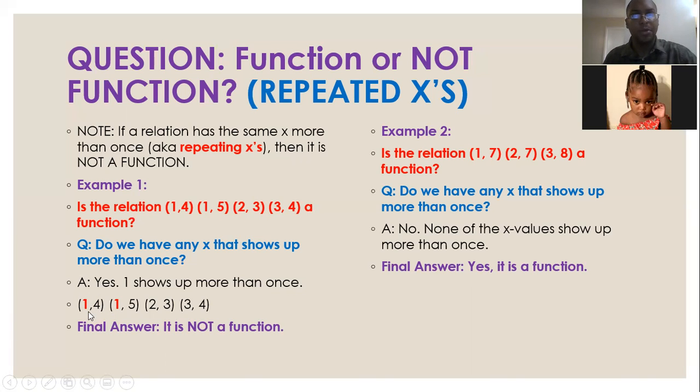Well, that's a problem for us. If x shows up more than once, repeating x's, then it is not a function. So it's very important: if x shows up more than once, it is not a function. So I have this x is 1. It shows up more than once. It's not a function.